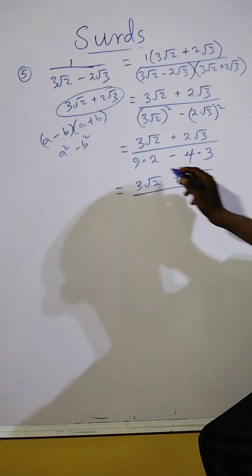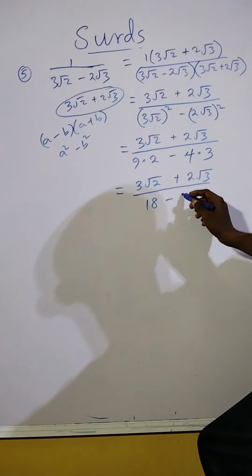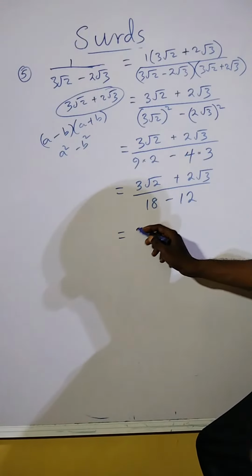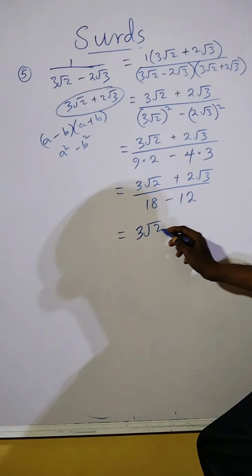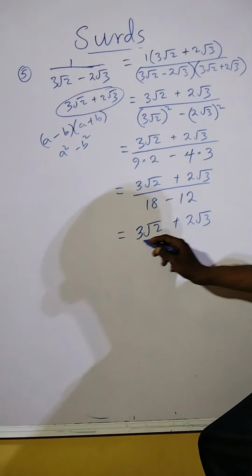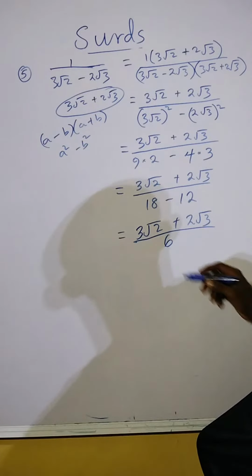Then divided by 9 times 2, that's 18, minus 4 times 2, that's 12. Then here we have 3 root 2 plus 2 root 3 divided by 18 minus 12, we have 6.